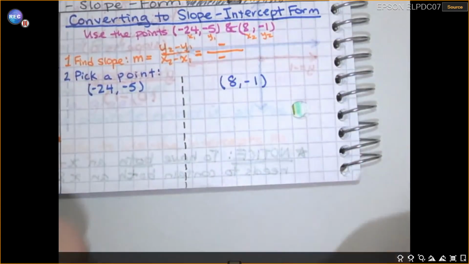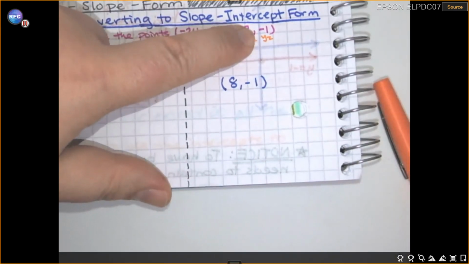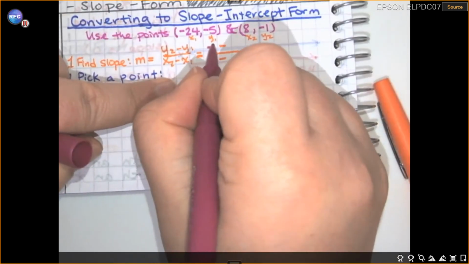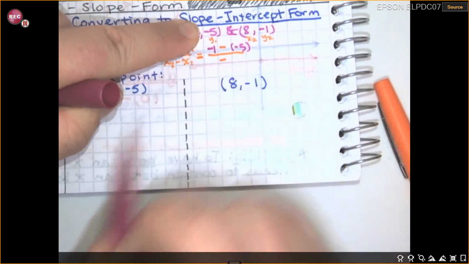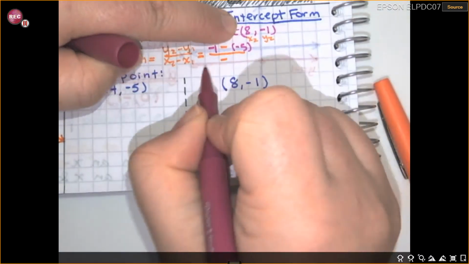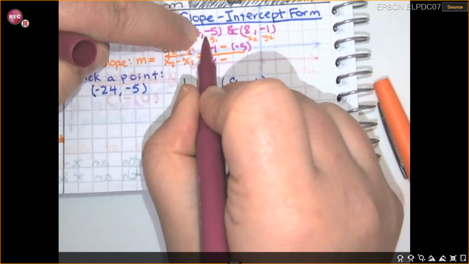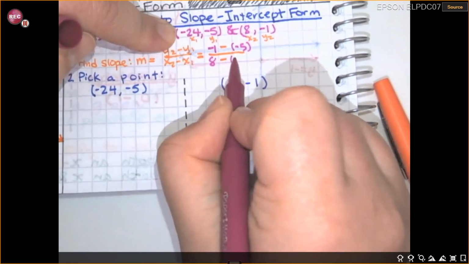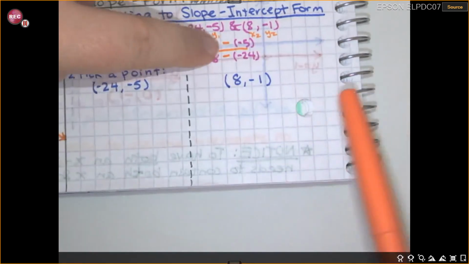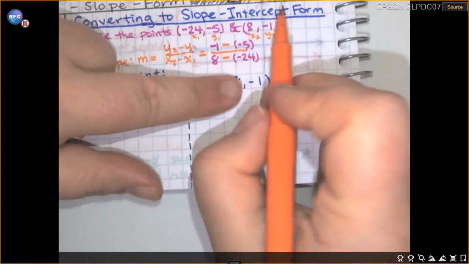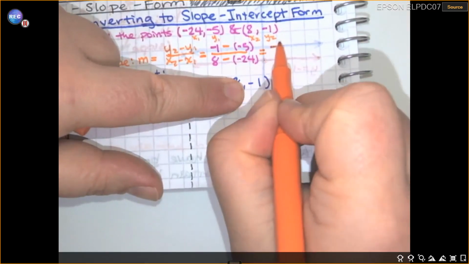Because then we do hunt and replace. So we have -1 as my y2 minus -5. So I'm going to put that in parentheses because it comes after the minus. And then x sub 2 is 8 minus, and then my x sub 1 is -24. So it's nice that these came second because now I have minus a negative and minus a negative, which turn into plus a positive.